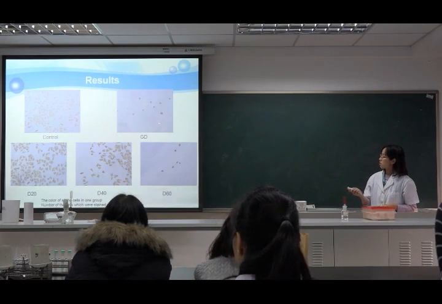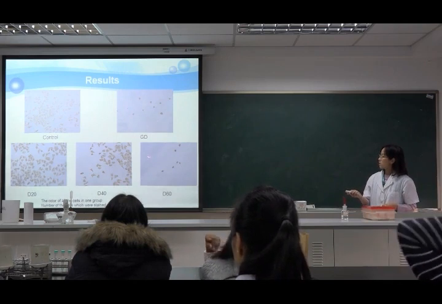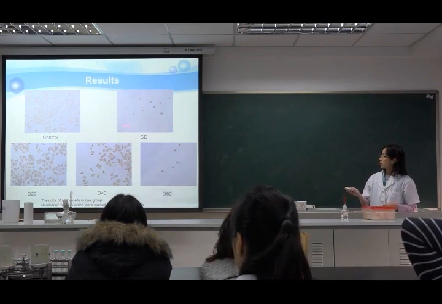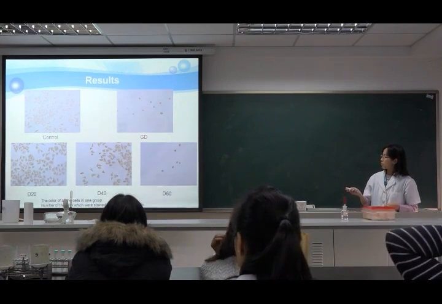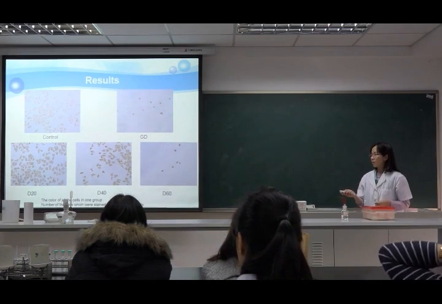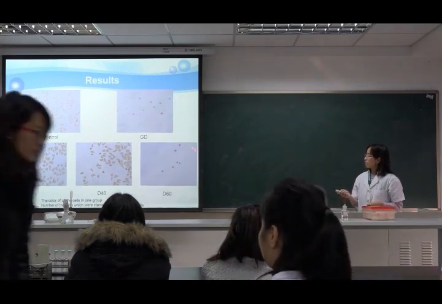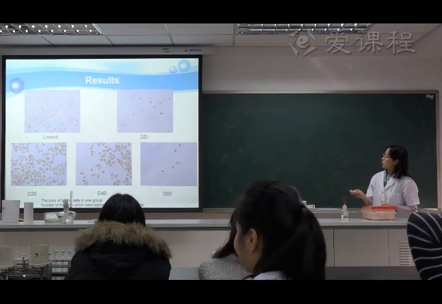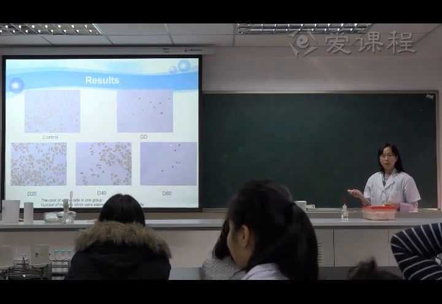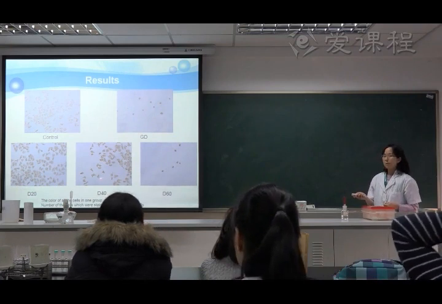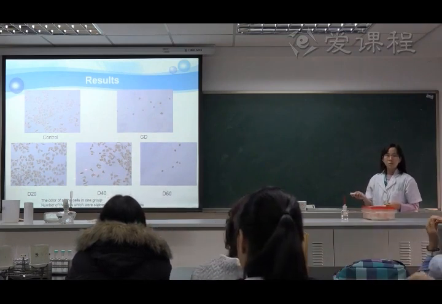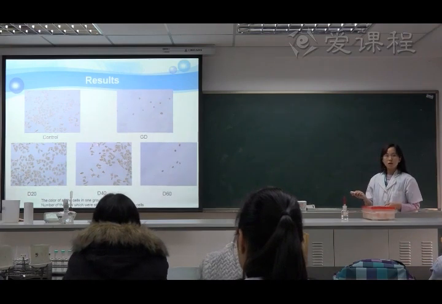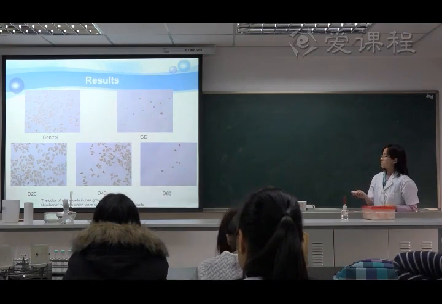So compare the morphology and the color of the cells. From this, we can conclude that during glucose deprivation and DDP-induced cell apoptosis, maybe it goes through the conformational changing of Bax.